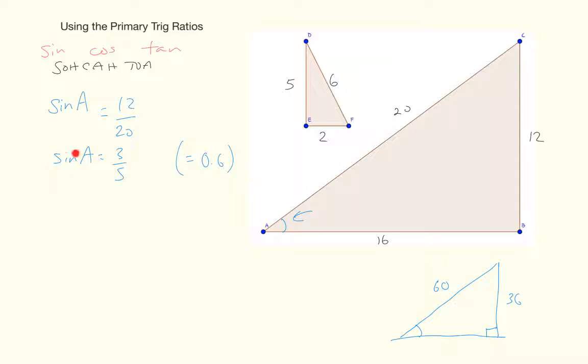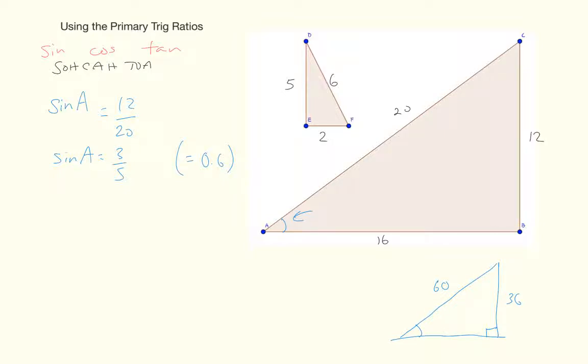We just say, well, any right angle triangle that has this angle in it, here it's called A, there it is again, will always have this trig ratio for sine. The ratio of the opposite side to the hypotenuse will always be 3 over 5, or said another way, using the decimal or maybe as a percent, in any right angle triangle that has this angle, the opposite side will be 60% as big as the hypotenuse.